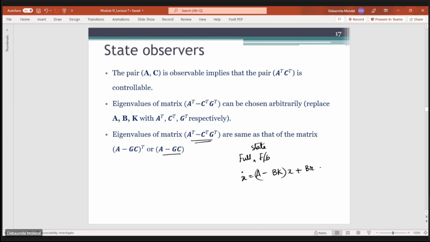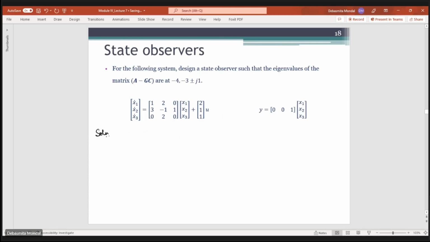That means the difference X minus X hat should be approximately equal to 0. You have to choose G and the eigenvalues of A minus GC in such a way that this condition is satisfied. That is our main criterion.